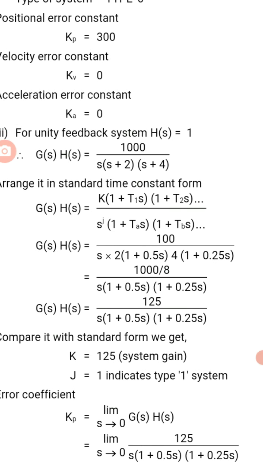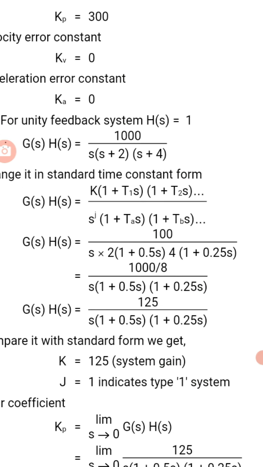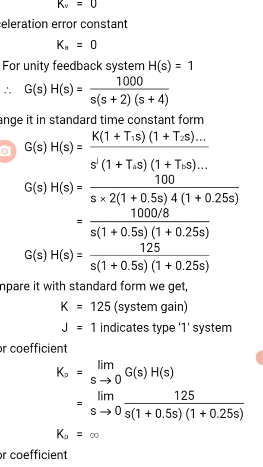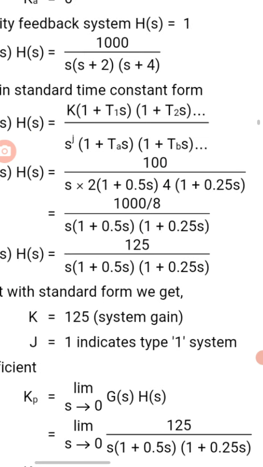G of S into H of S is equal to K into 1 plus T1 S into 1 plus T2 S upon S raised to J into 1 plus Ta S into 1 plus Tb S. G of S into H of S is equal to 1000 upon S into 2 into bracket 1 plus 0.5 S into 4 into bracket 1 plus 0.25 S. It is 1000 upon 8 into S into bracket 1 plus 0.5 S into 1 plus 0.25 S.